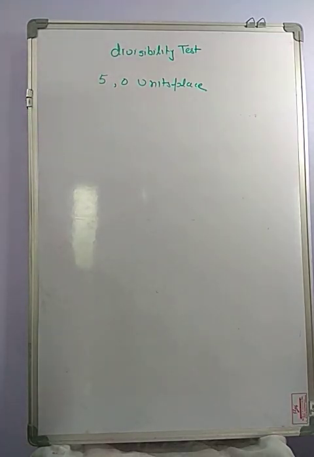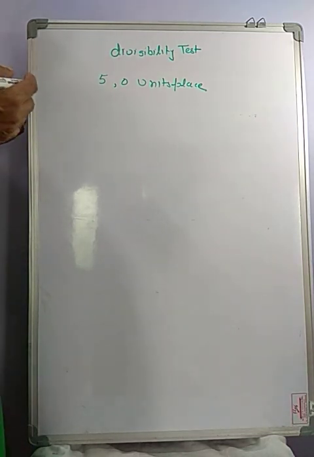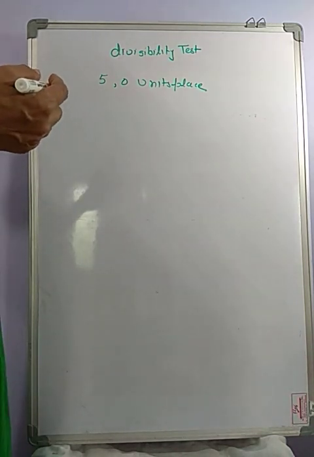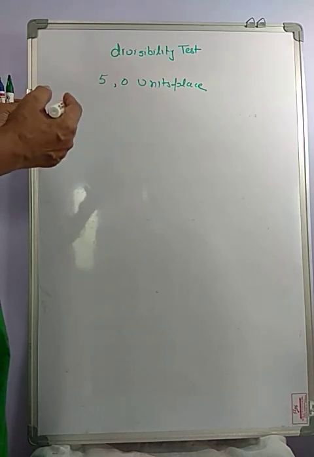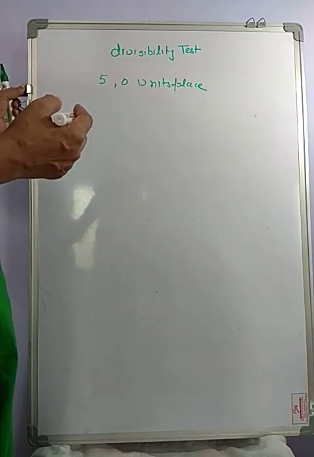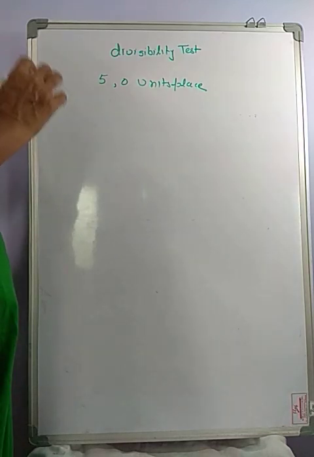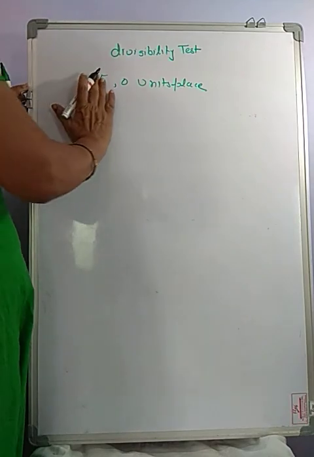Because if we look at the table of 5, the only digits at the units place are 0 and 5. The tens place or hundreds place can vary to any digit, but at the units place the only digits are 5 and 0, and therefore a number is divisible by 5 only if 5 or 0 is at the units place.